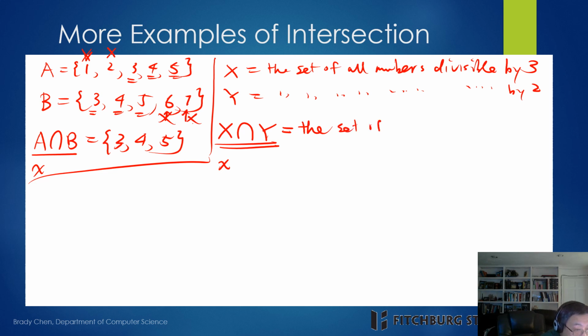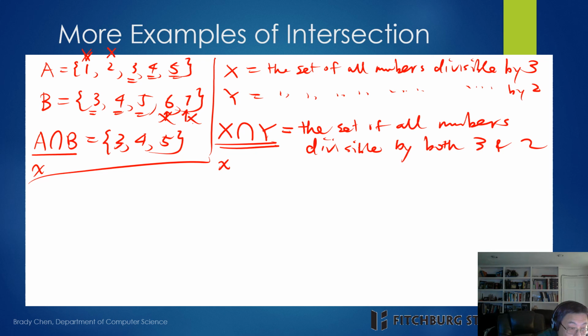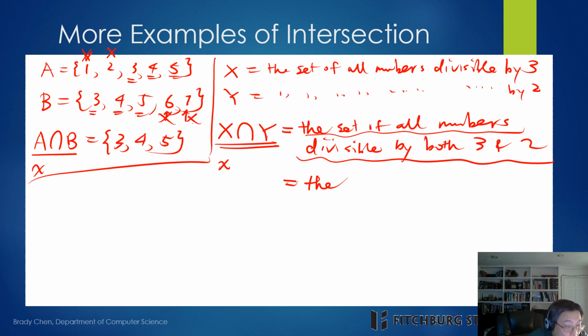So what is the intersection of X and Y? It's a set of all numbers divisible by both 3 and 2. Now, what kind of numbers are divisible by both 3 and 2? For simplification, I think that's good enough. That should be well defined as X intersection Y. But you can simplify this.